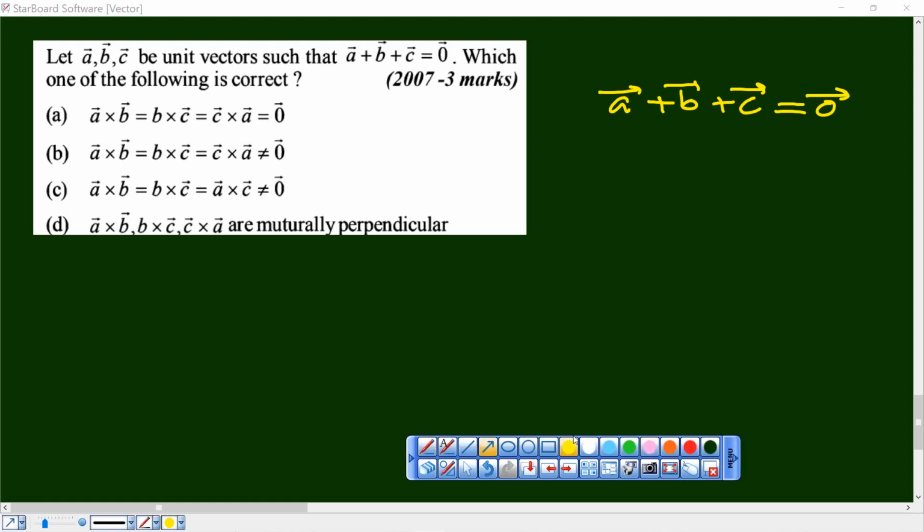The forward statement was: if three vectors can be represented as sides of a triangle, then they are in equilibrium. And it was necessary and sufficient both. This condition was necessary as well as sufficient, and that's why the converse was also true. Converse means if three vectors are in equilibrium, then they have to be represented as sides of a triangle taken in order.